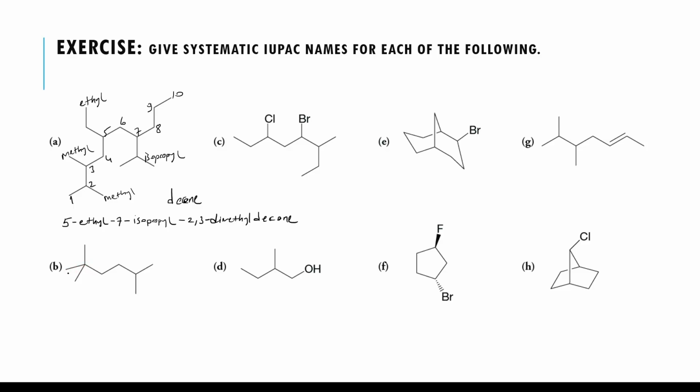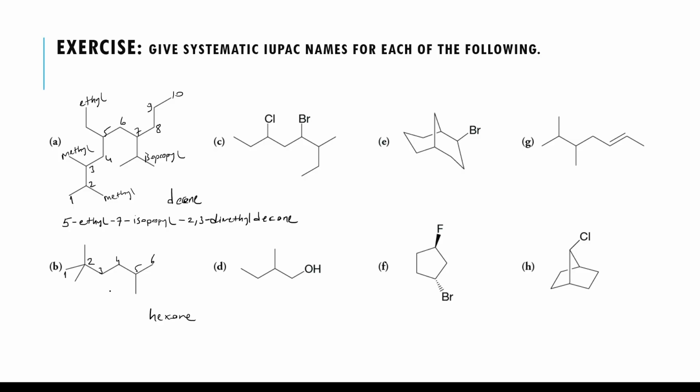So then let's again use our numbering system. How many carbons do we have in the longest chain? We have 1, 2, 3, 4, 5, 6 carbons. So 6 carbons we have in the longest chain. So this is a hexane. That's the parent name. Let's write here, this is hexane.